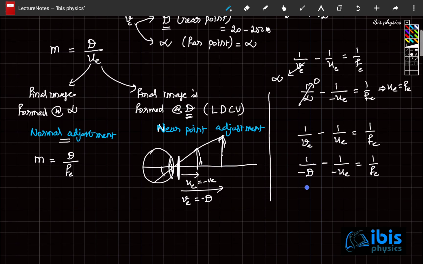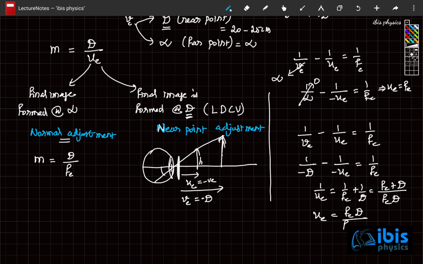So minus 1 by D, and minus into minus gives plus 1 by UE equals 1 by FE plus 1 by D. This is FE into D over FE plus D, so UE must equal FE into D by FE plus D. In order to form the object's image at near point, UE should equal FE into D divided by FE plus D. Hence the magnification, as we discussed, is D by UE.